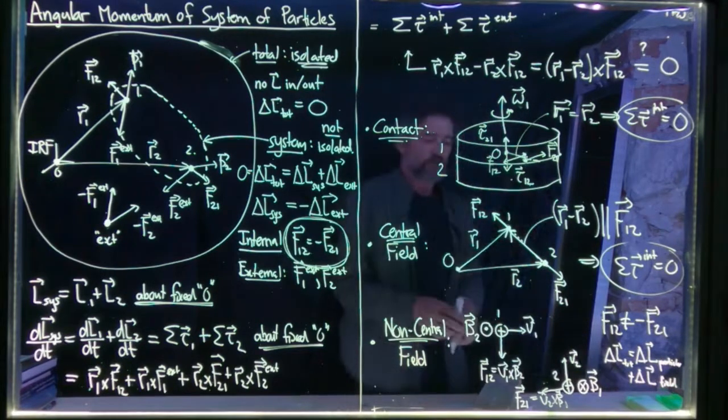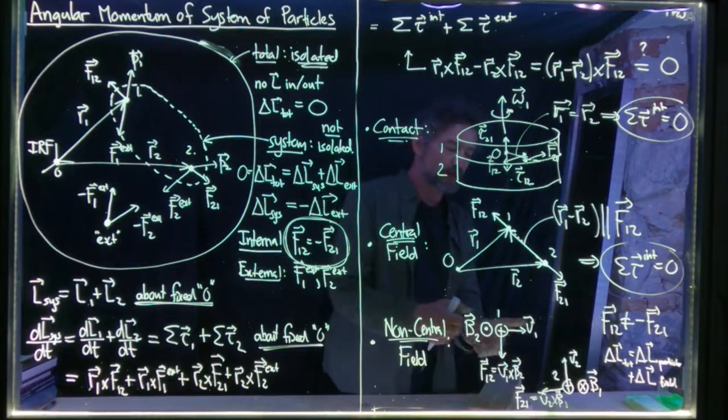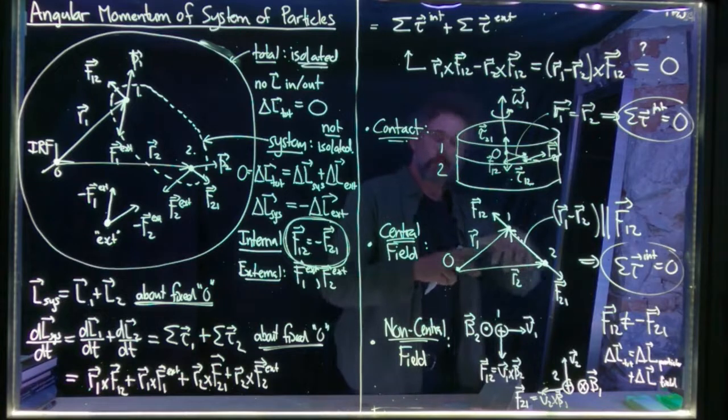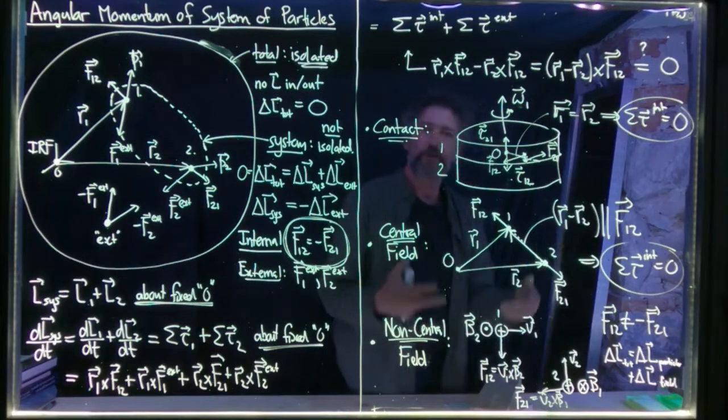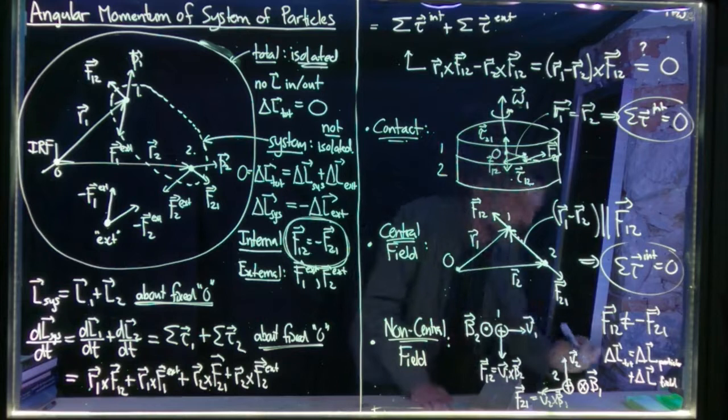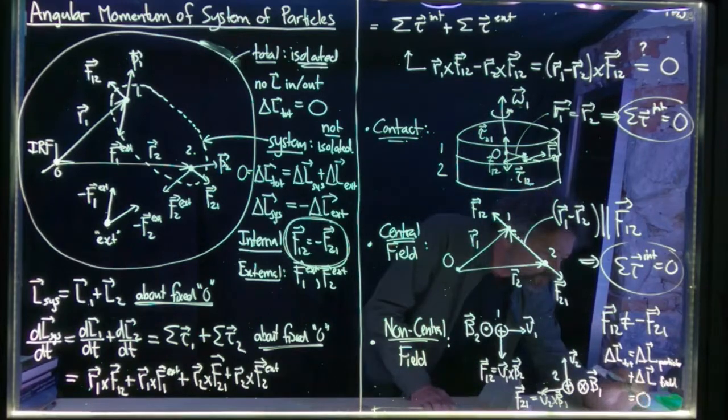Okay, so if the angular momentum of the particles changes by that, then the angular momentum of the field changes by that, so that the change in the total angular momentum of the particles plus the fields is 0. So angular momentum is strictly conserved.